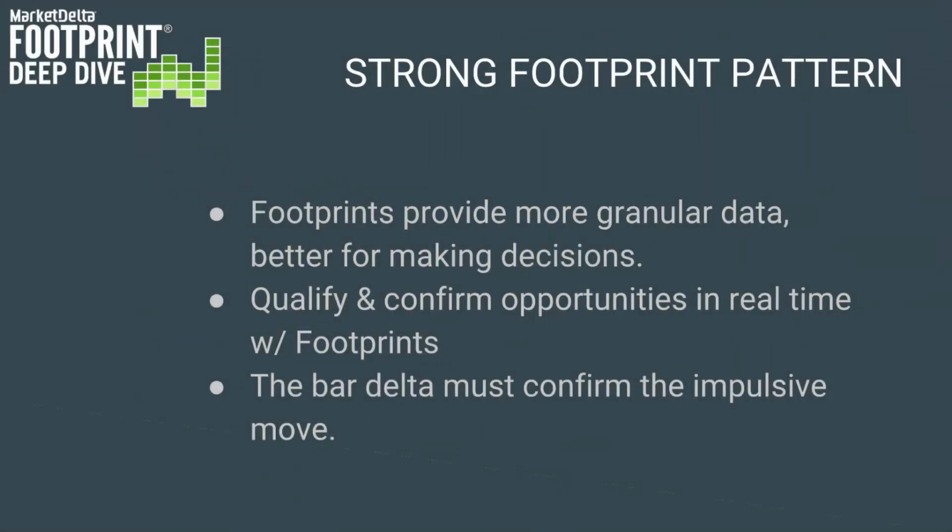All right, next, we're still on this. The strong footprint pattern provides more granular data, better for making decisions. It's also going to help you qualify and confirm those opportunities in real time, as I just described in that previous footprint chart. And we really do want that bar delta to confirm the impulsive move.